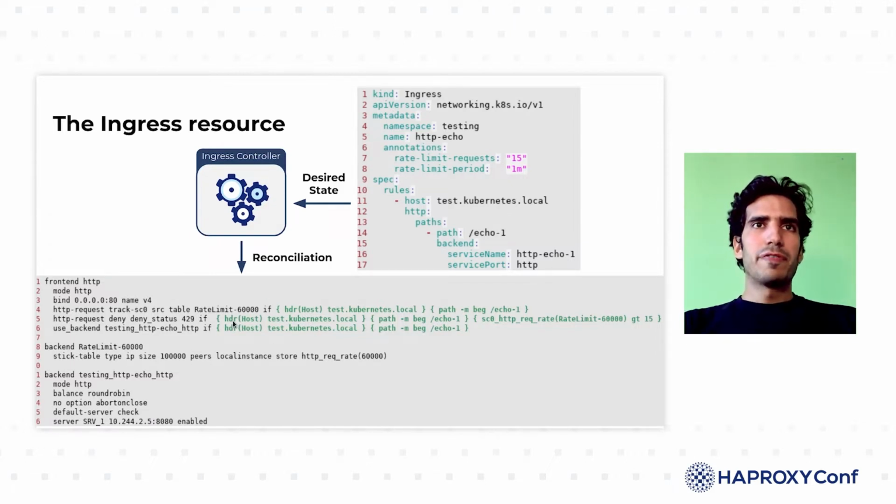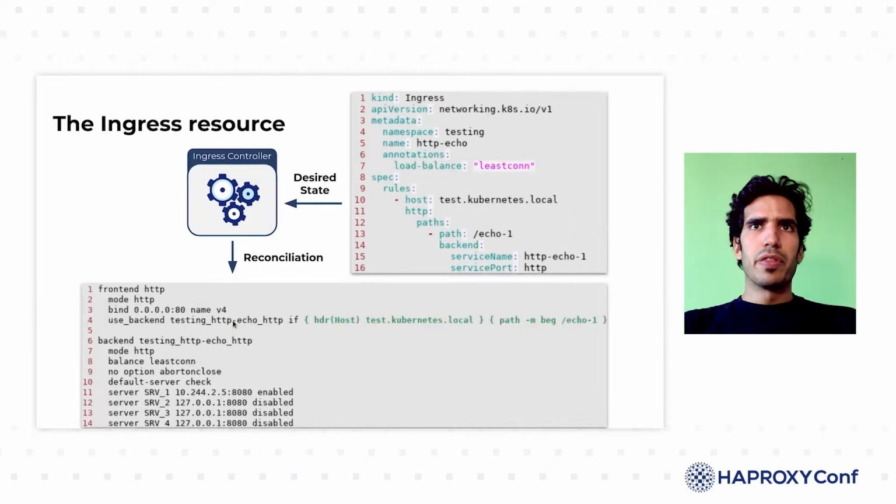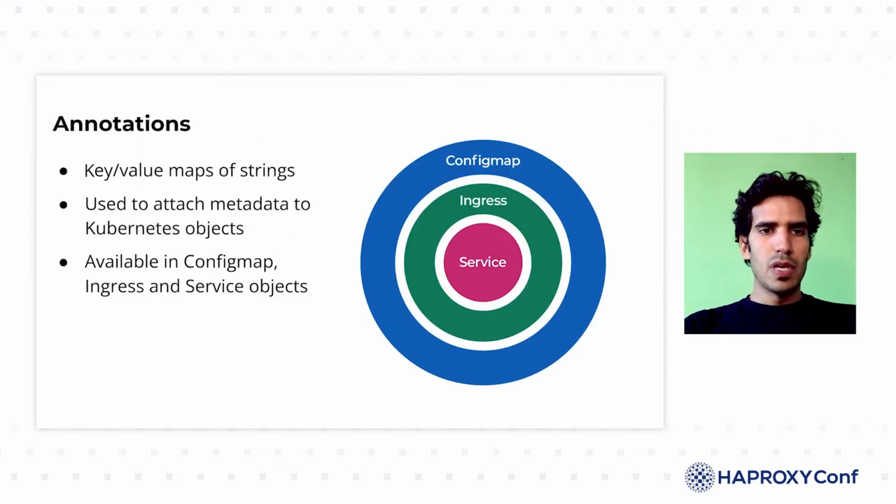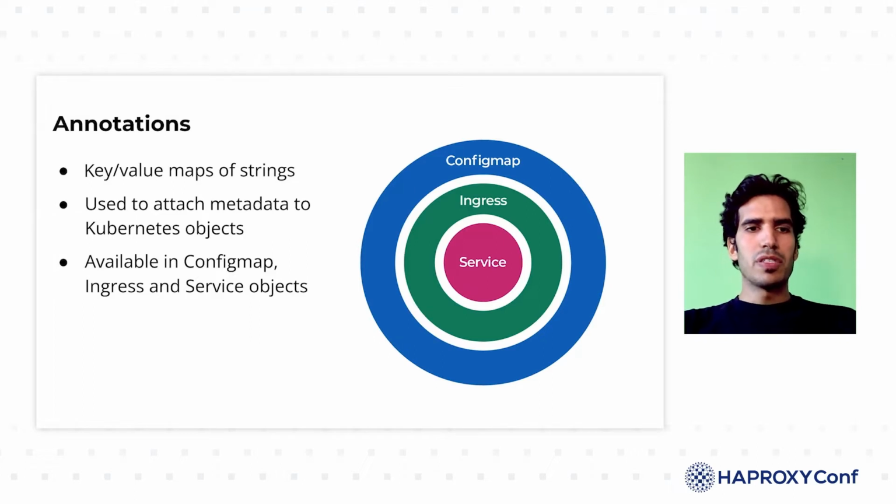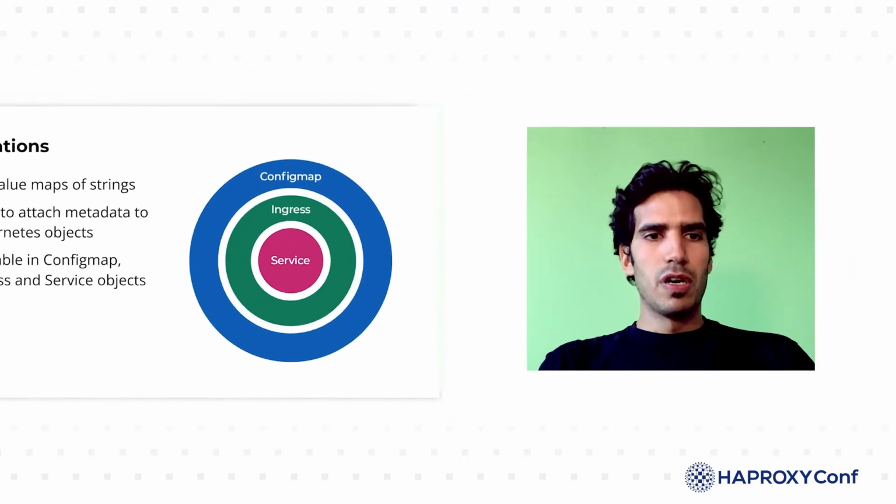And as we have seen in this slide, annotations can be set at multiple levels: service, ingress, and config map. Some of them can only be on a specific scope, and others can be available on multiple scopes. For example, for the load balance annotation, if we set it at the config map level, it will configure all backends in HAProxy.